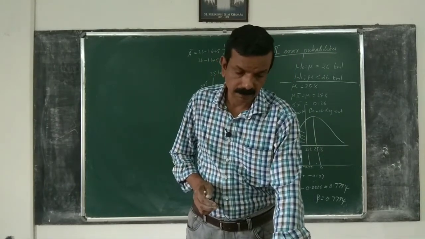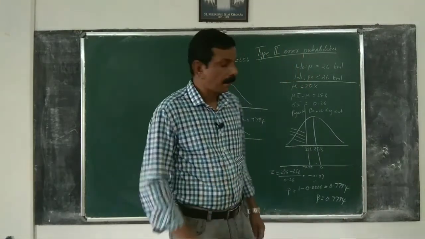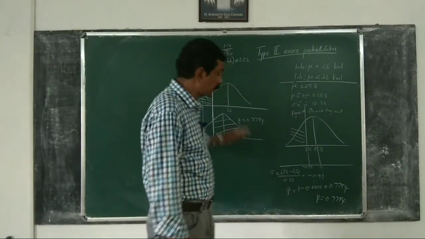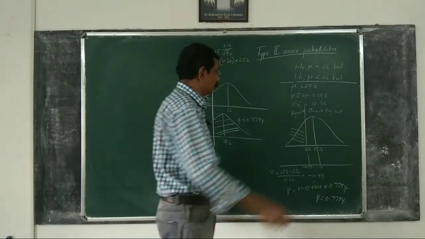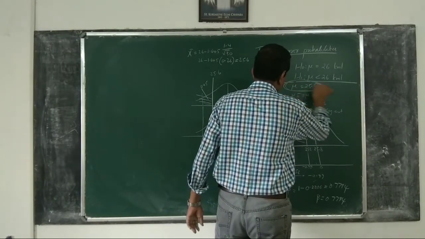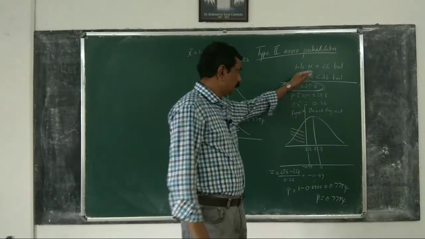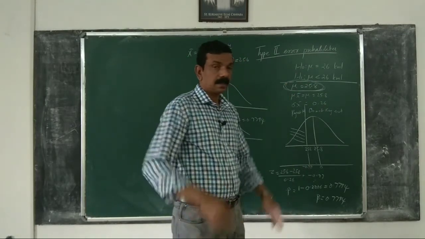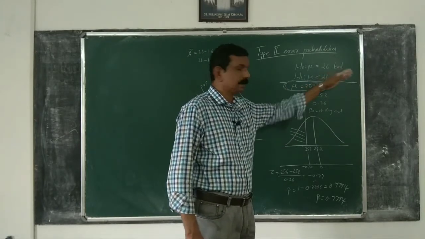So remember this, we can calculate type 1 and type 2 error probabilities by specifying the values of the two parameters like this. This is a left tail test. For a right tail test, we will give the value of mu greater than this.